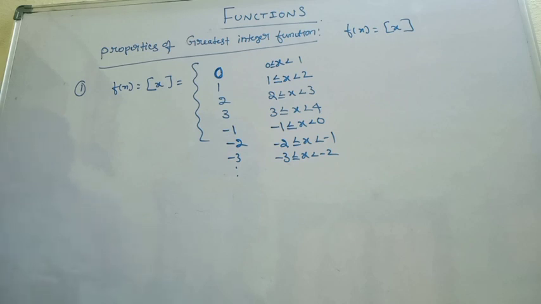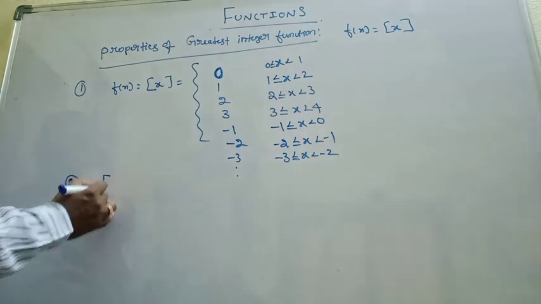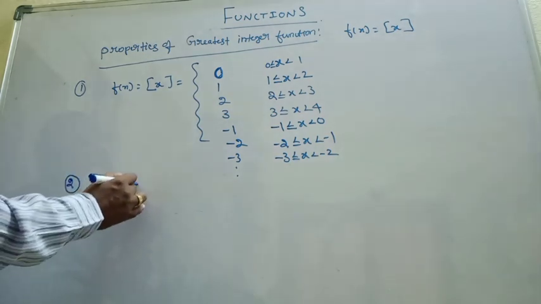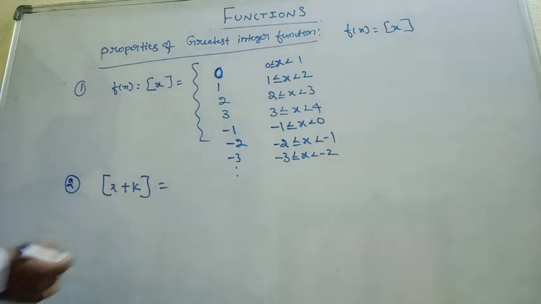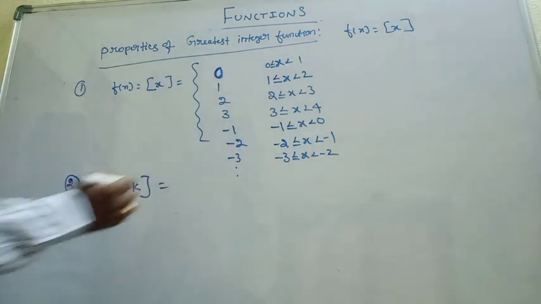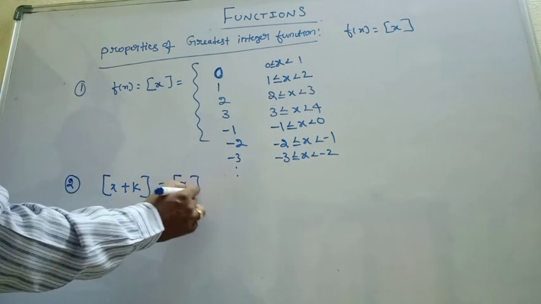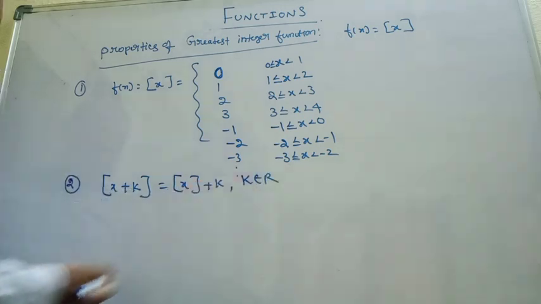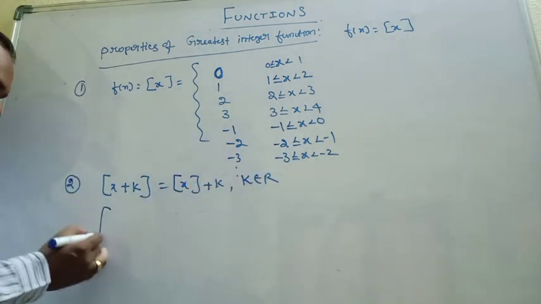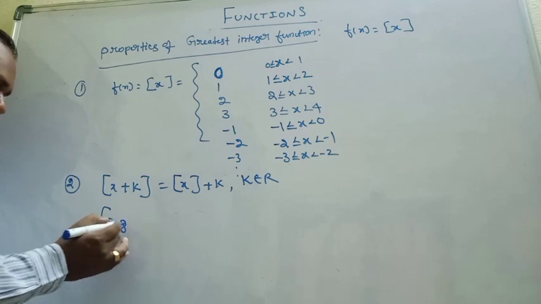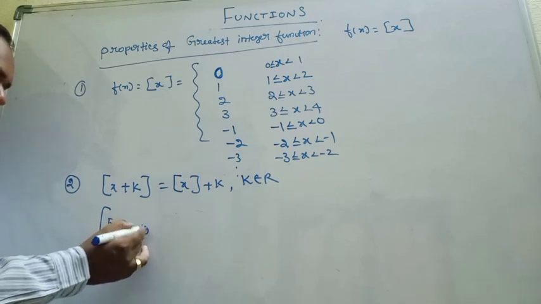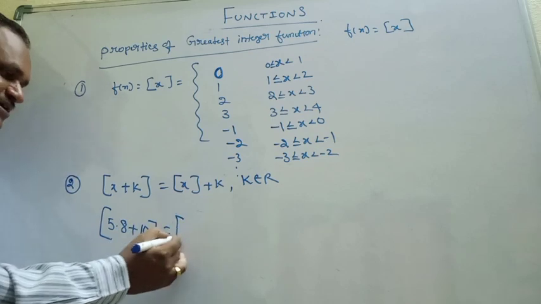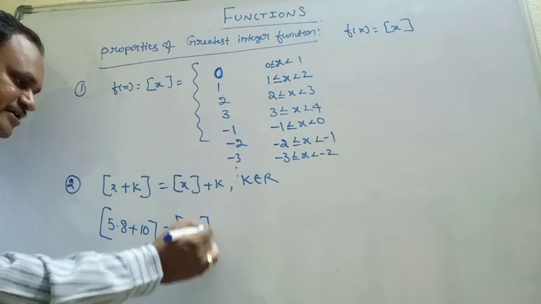This is the first property, the definition. Regarding the domain and range, we have already discussed that. The second property: suppose you have step of x plus k, where k is a constant, that is k belongs to the real numbers. For example, I have step of 5.8 plus k, where k is 10.